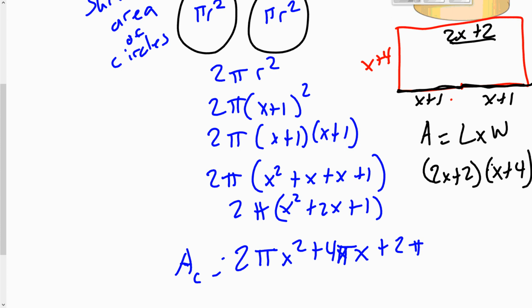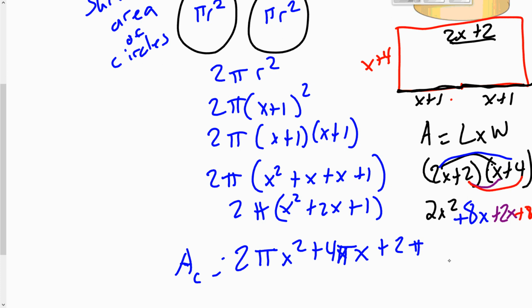And now I can FOIL or do the table method or double distribute. Doesn't matter which one you do. So I get 2x squared, a positive 8x, I get a 2x, it's positive, so put a plus sign, and then I get a plus 8, the last one.